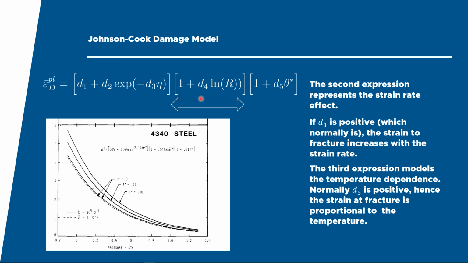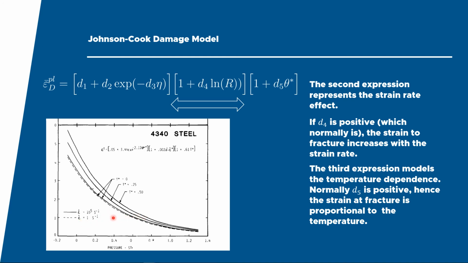These last two results are not that intuitive, but are confirmed by these results right here. The strain rate effect is not that apparent here, but we can see that if we increase the strain rate, the equivalent plastic strain at failure grows a little bit, just a little bit, but it grows actually.